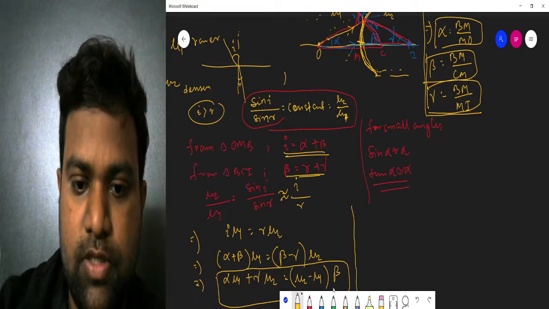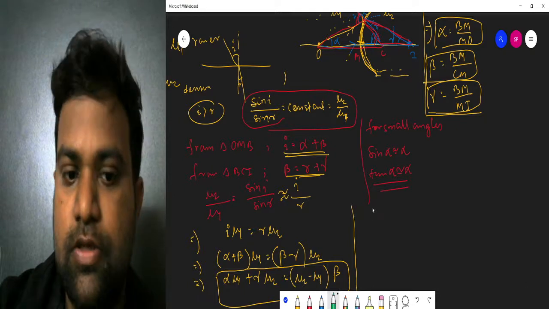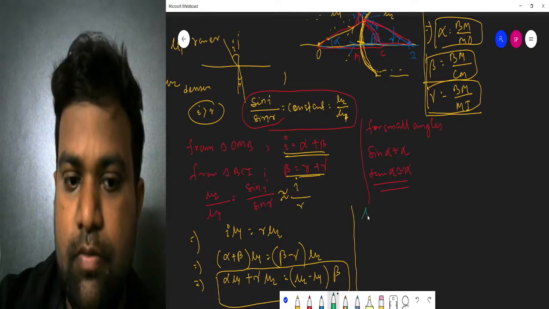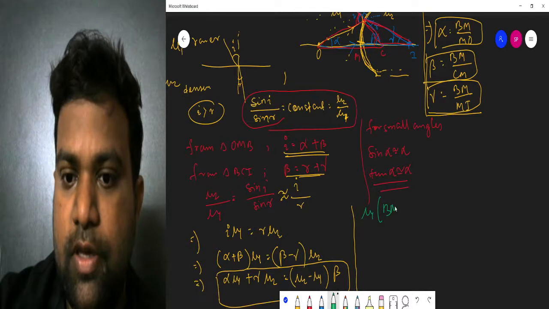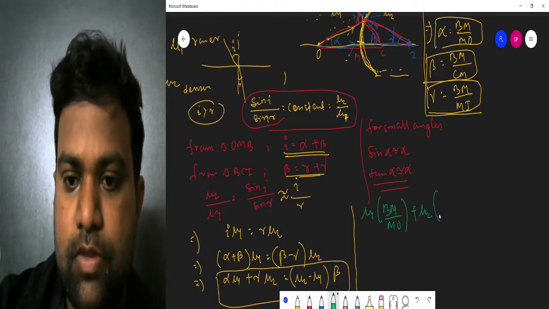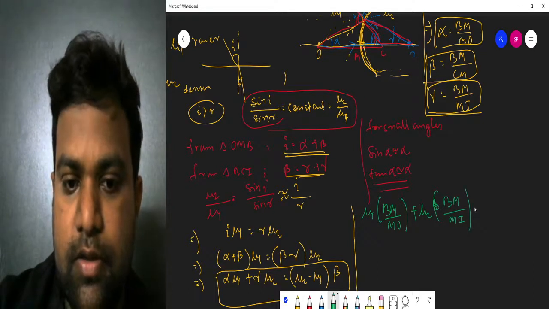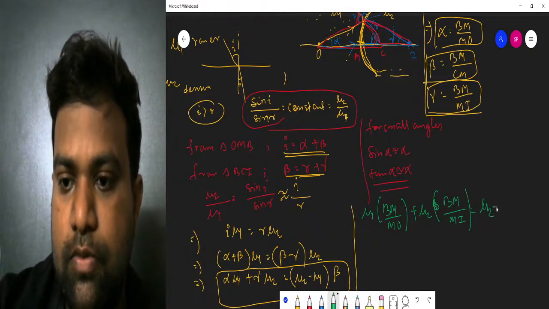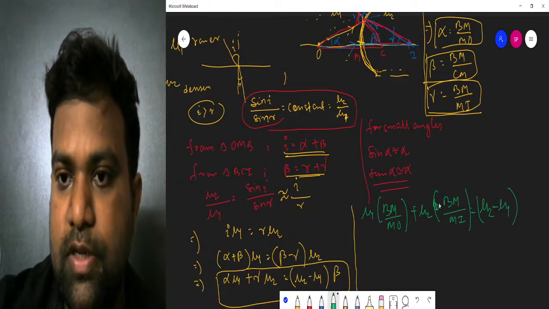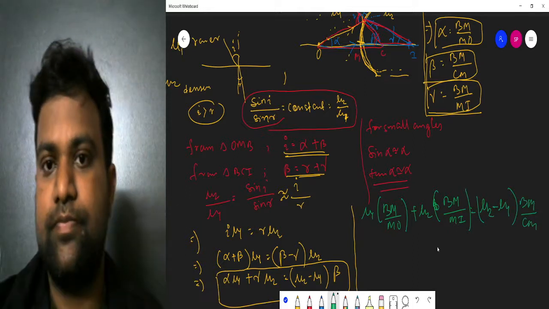So if we use, then alpha is your mu 1 into Bm by Mo plus mu 2, gamma is Bm by Mi, and equal to mu 2 minus mu 1, beta is Bm by Cm, right?